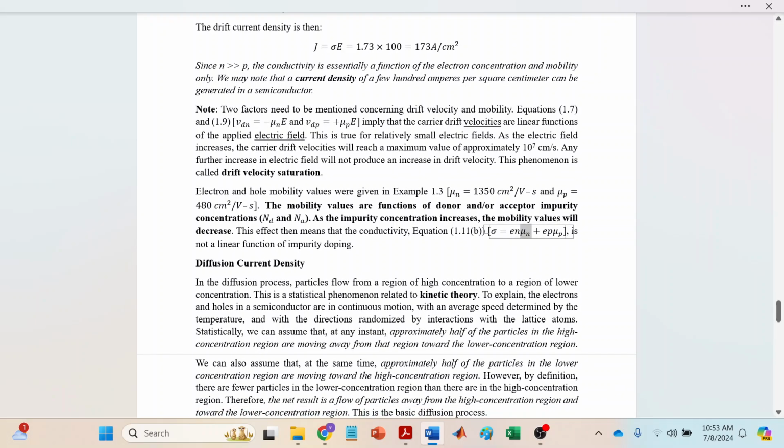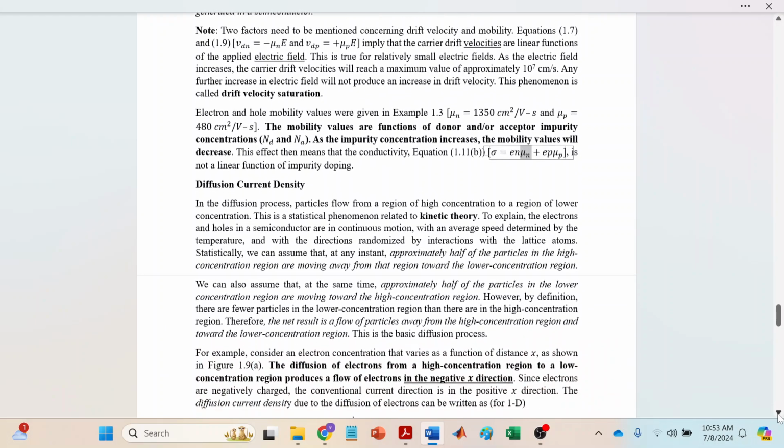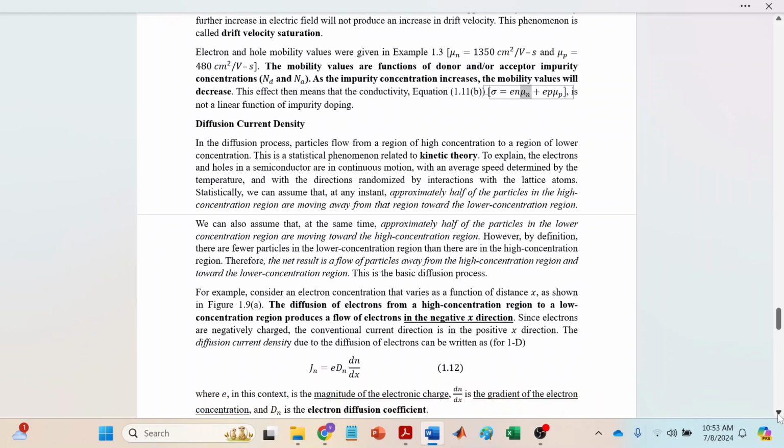We now consider the second case where you can generate current in an intrinsic semiconductor, and it's due to diffusion, and it's called diffusion current density. In this case, the charged particles flow from regions of high concentration to regions of low concentration.